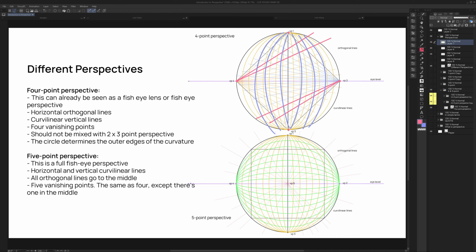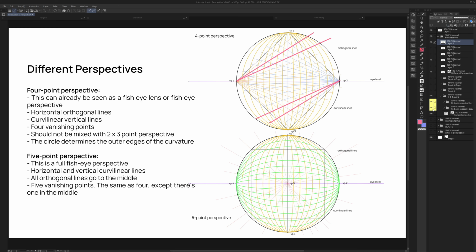And all of those create the 4-point perspective. Now, one thing that you shouldn't mix with the 4-point perspective is the creation of 2 by 3-point perspective. It's actually pretty simple, but the way it would work is that you would create lines like these, instead of what I have here, which are curvilinear lines. That's what 4-point perspective is about.